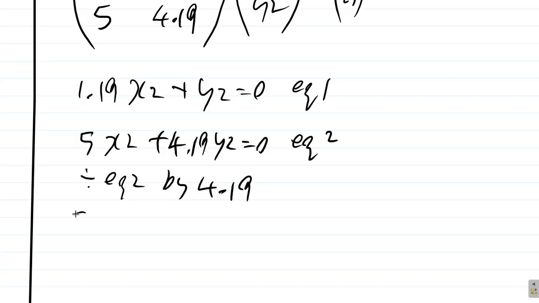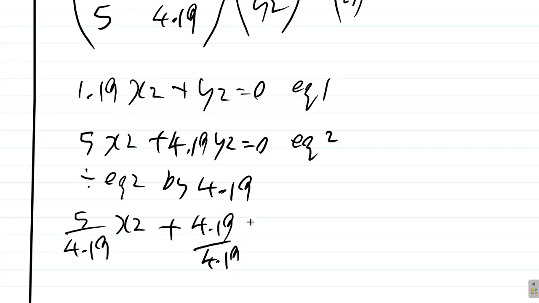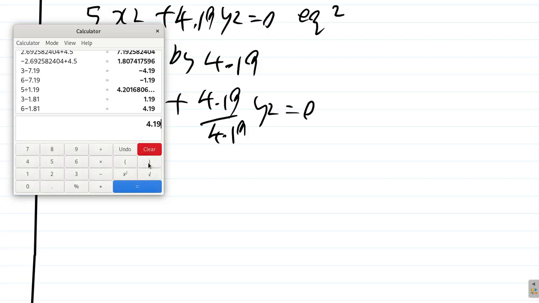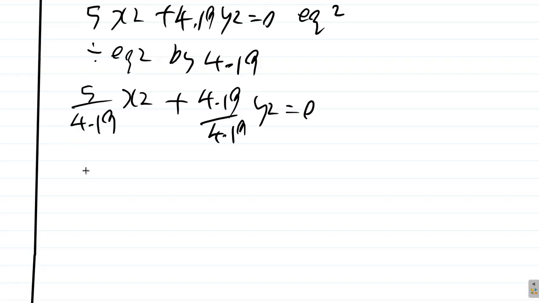We have 5 over 4.19 x2 plus 4.19 over 4.19 y2 equals 0. 5 over 4.19 gives us 1.19. So we have 1.19 x2 plus y2 equals 0.